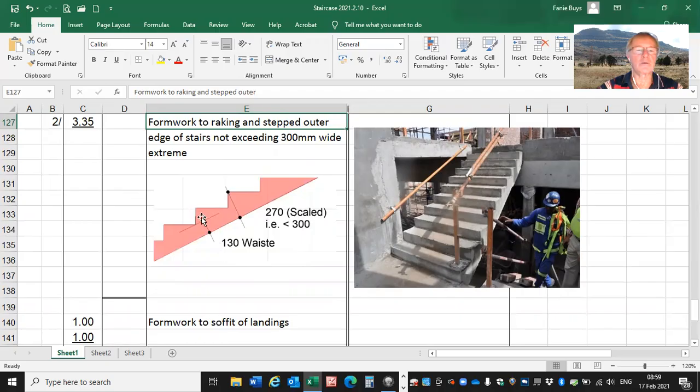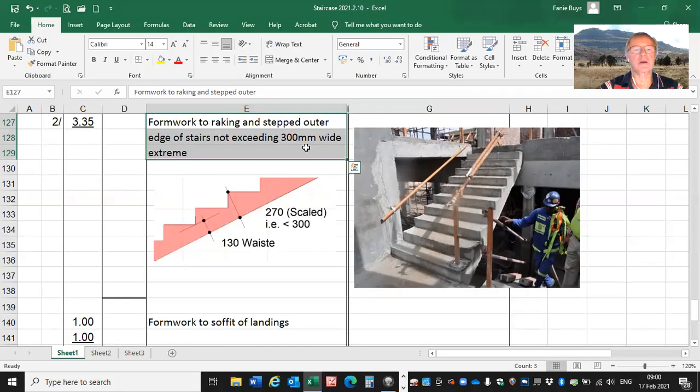Now we only know that that is 130 millimeter. We need to determine what is that length there. And the only way that I've done it is simply by scaling it. And I've determined that that is 270 millimeter. So it falls in the category of not exceeding 300 millimeter. We can safely say by scaling, it is less than 300. And that's where I get that description from.